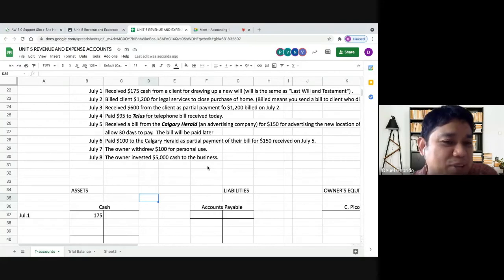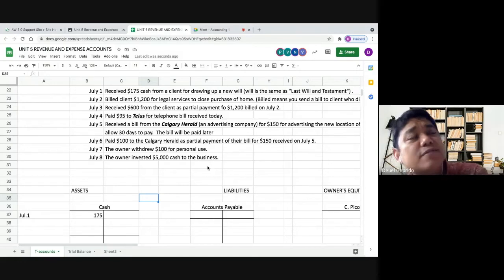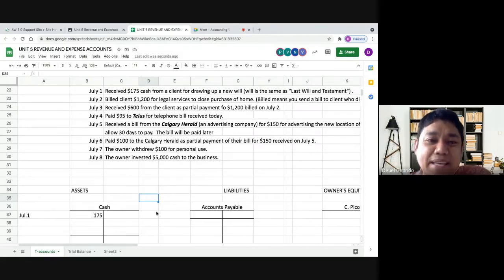Do you know what a cash customer means? When they do the service, they immediately pay. It's not like, oh, sir, can I pay you after 30 days? No, not that way. Immediately, you collect the money after the service is done.